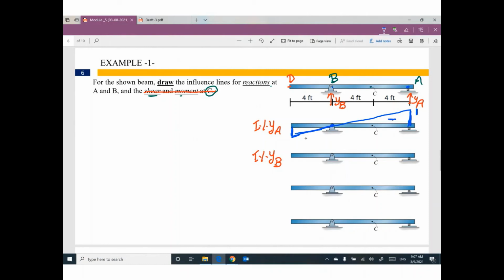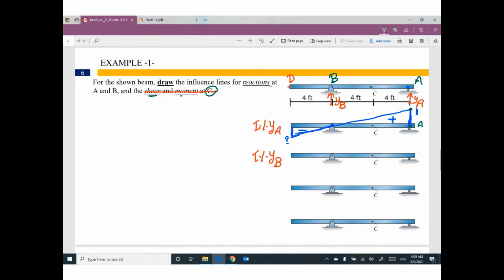This side will be positive. This side will be negative. Anybody can tell me what is the value here? You pushed A up by 1, so this value is 1. Can you tell me what is the value here? Yes, I can.